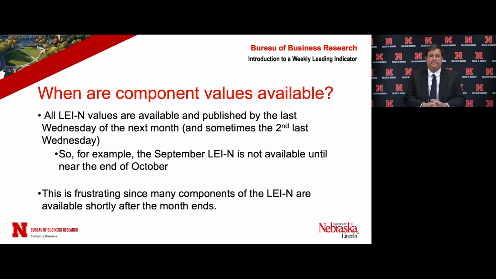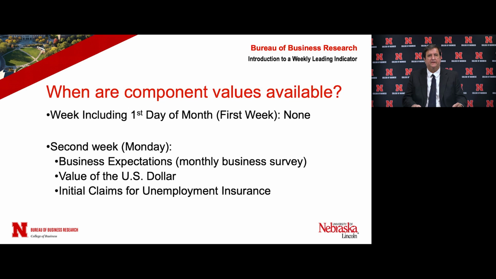Now, like I've said earlier in this webinar, it's a little frustrating because I know that many components of the LEI-N are actually available right at the beginning of the month or shortly after the previous month ends. In fact, 3 of the components are available by the second week of the month, which is what we're calling the first full week of a month.